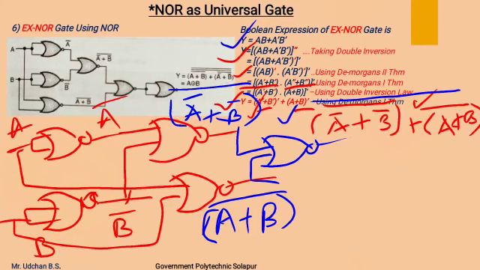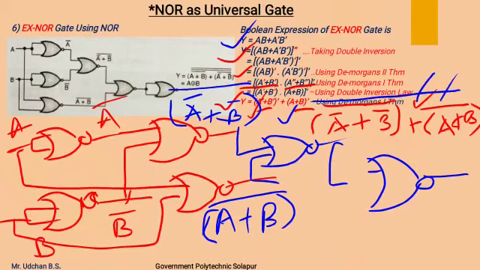Now I don't require this complement, so to remove this complement I can use another NOR gate as a NOT to get the final expression. Here I will get the expression of XNOR gate. This is how we can convert or design a XNOR gate using a NOR gate.